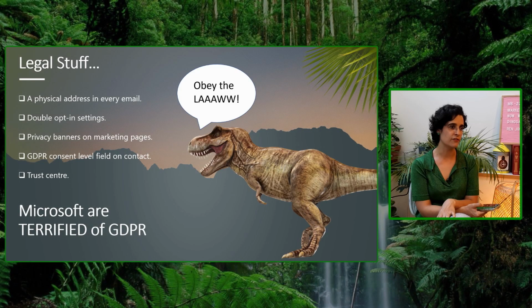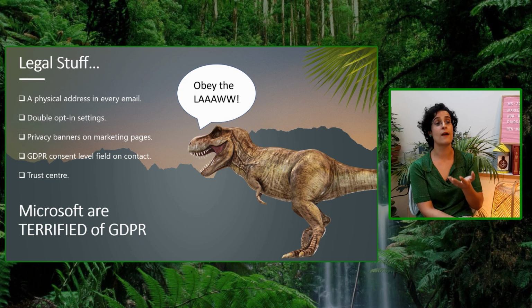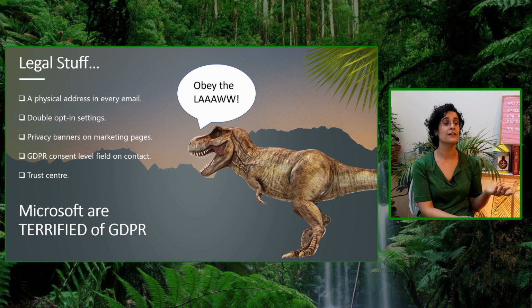Okay, legal stuff. As we said, marketing is different to the rest of the third-party apps. Microsoft are scared that people do not understand the legal ramifications of communicating with the marketing app. So they need to ensure that you, someone that's going to train people to use the marketing app and someone that's going to use it in anger in projects, understand it yourself. So some of the legal stuff that you need to be aware of: emails require a physical address.